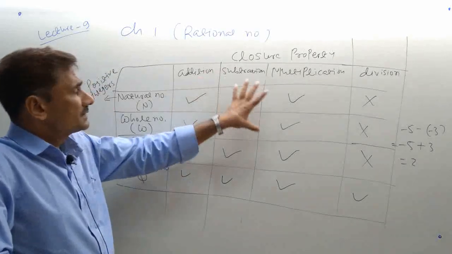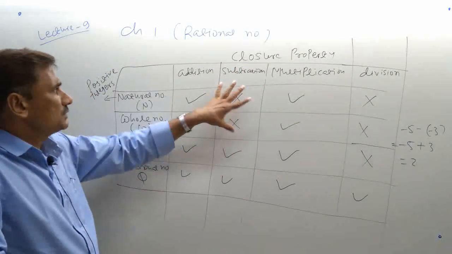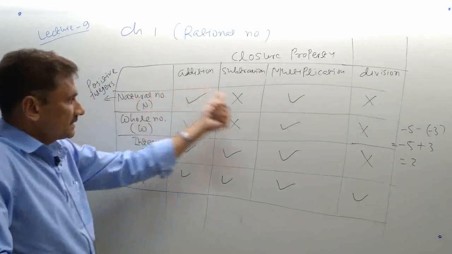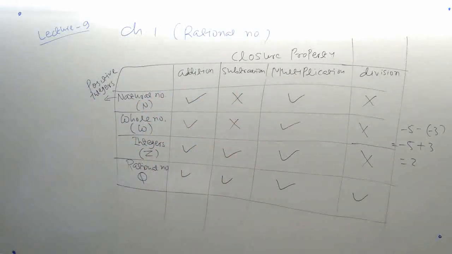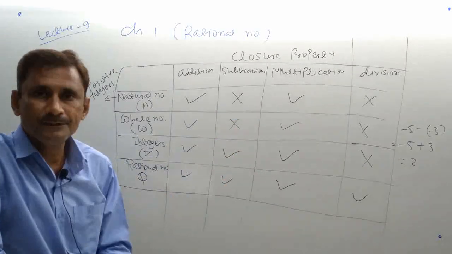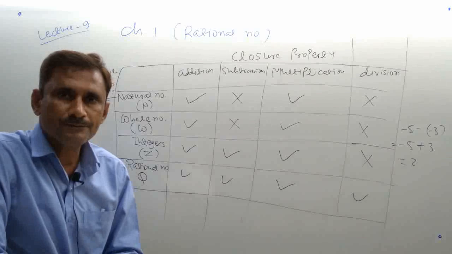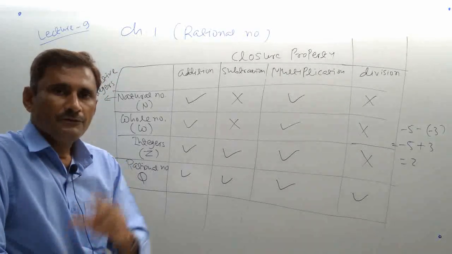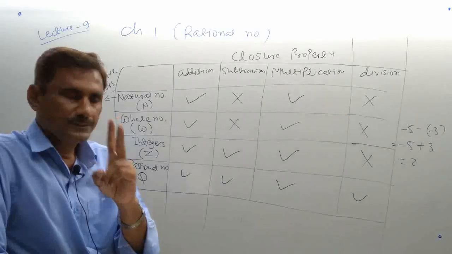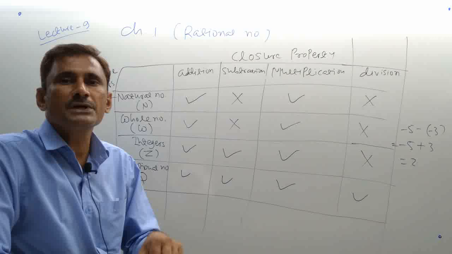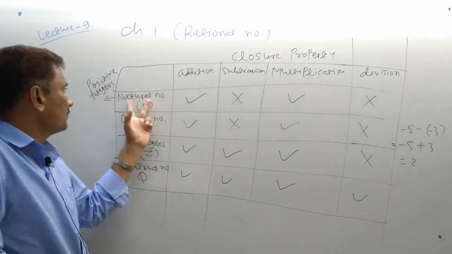Okay, so just understand closure property follows for a particular operation and in a particular set. So just look here, what is the meaning of closure property? Again telling you, otherwise this is meaningless. Closure property means, if you take any two numbers from a particular set, then the answer should also be in that particular set.